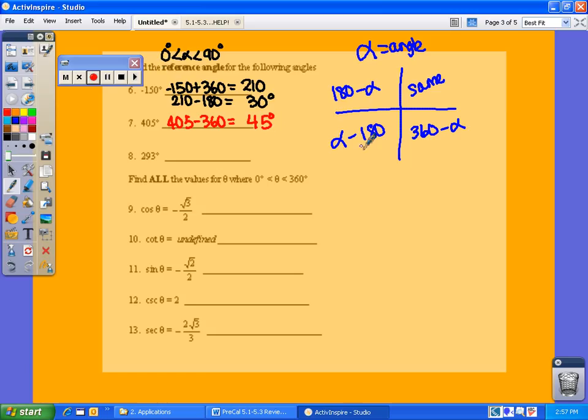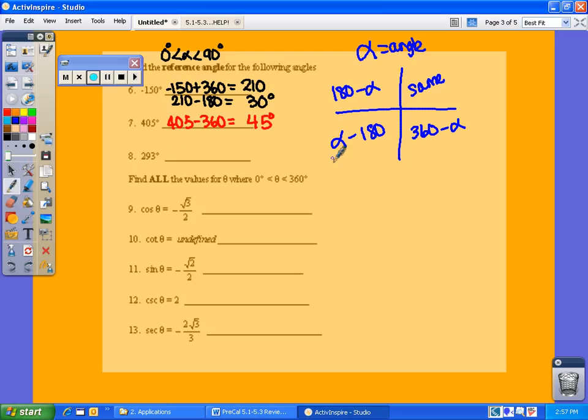Last one's 293, also in the third quadrant, so I subtract 180 from that. And I get 113 degrees. So, oops, you guys didn't fix me. Womp womp. Because 113 degrees is not between 0 and 90.